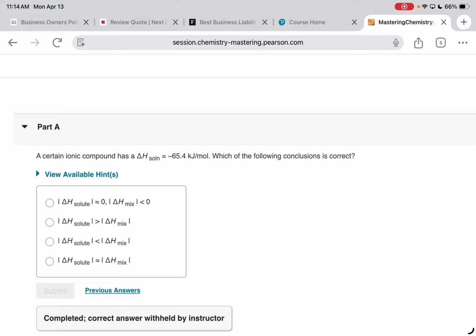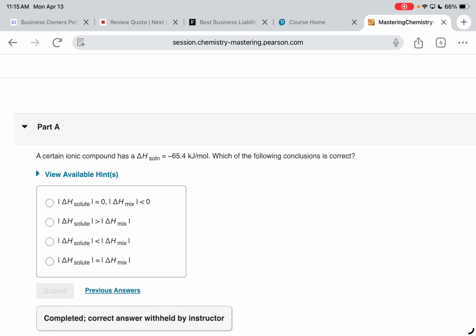There are 2 questions like this that, in my opinion, they kind of messed up, and I think I understand why one of them is messed up, because they use a different term. This one says that the delta H of solution is negative 65. So it's something like how I have drawn. It's exothermic. The energy that's released from the mixing is bigger.